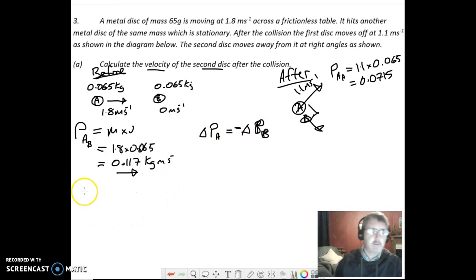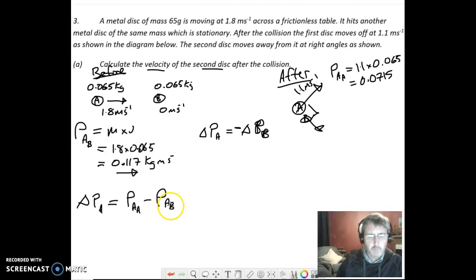So now we get to solve the problem, because if we want to find the change in momentum of B, that would be its actual momentum because it had zero momentum for a start. So to do that, we just need to find the change in momentum of A. The change in momentum of A equals the final momentum of A, the after momentum, minus the initial momentum of A, the beginning.